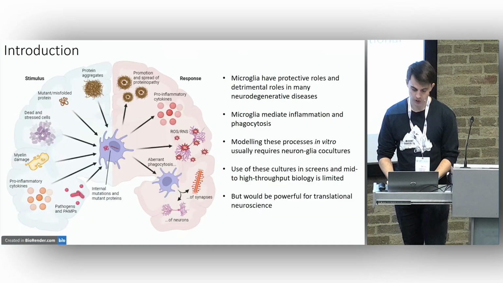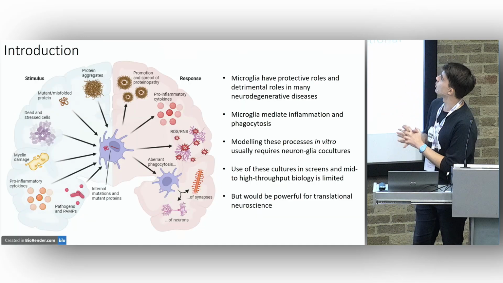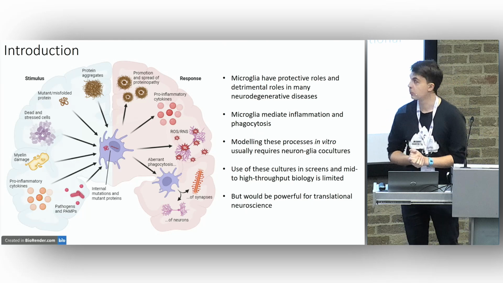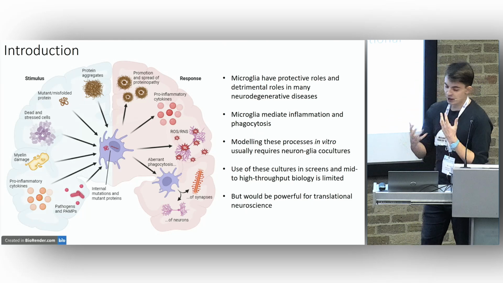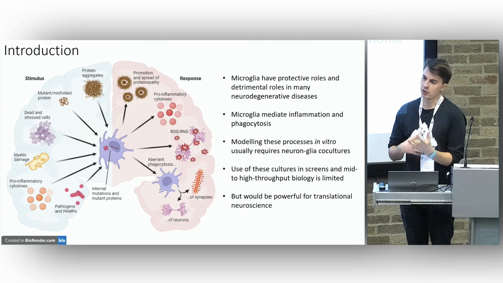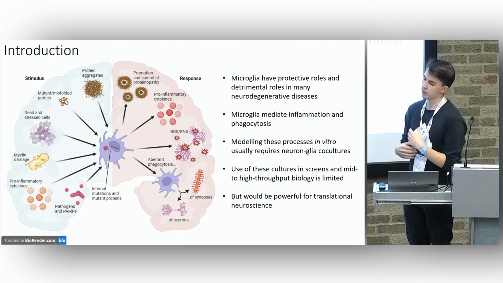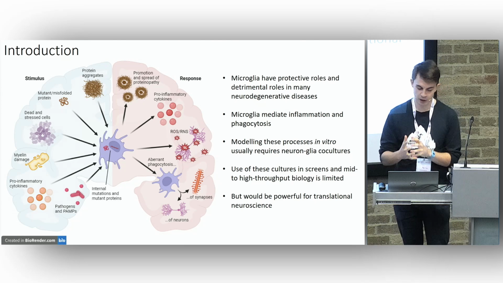So, what are we generally interested in? As you know from having heard Guy's talk on Monday, as a lab, we're interested in microglia, and more the bad side of microglial inflammation.